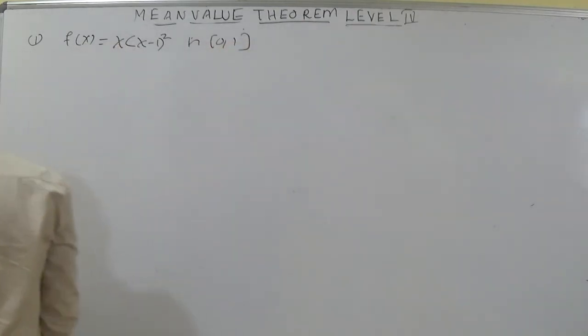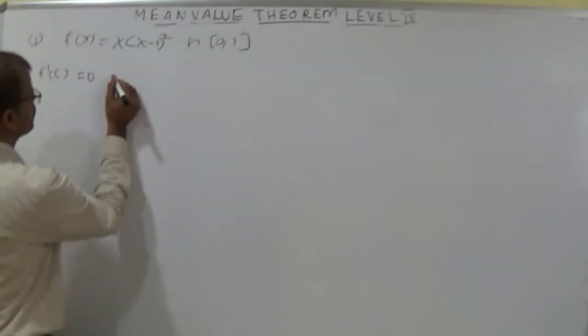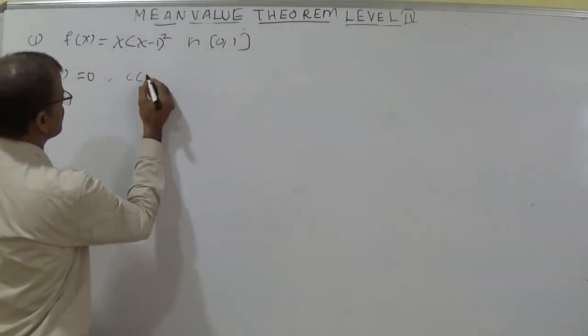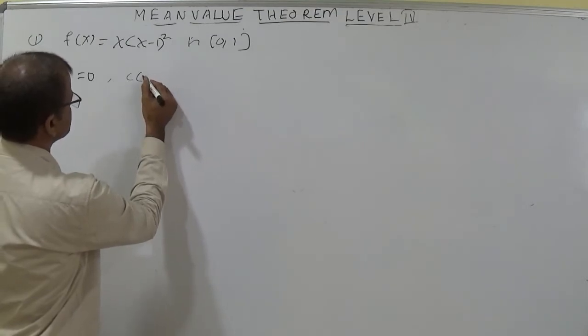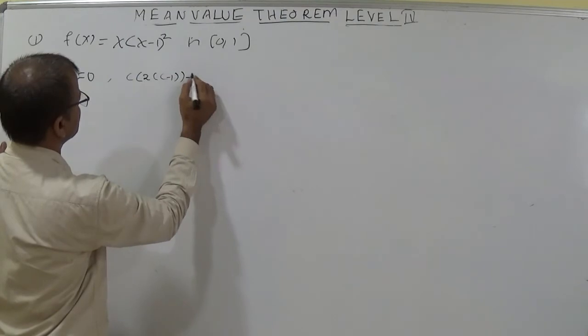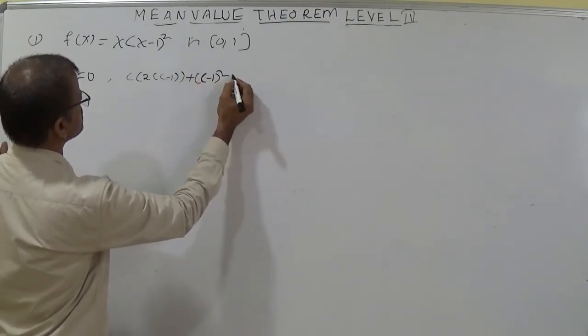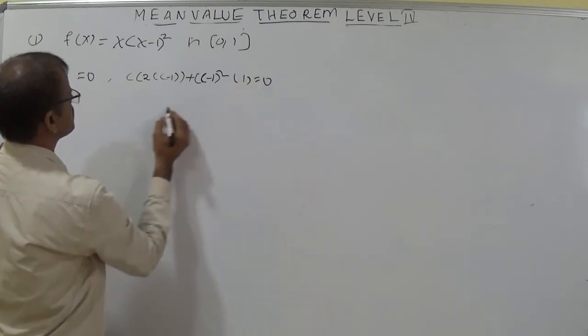So what is the value? According to Rolle's theorem, we write the formula f dash c is equal to 0. Then using uv dash plus vu dash, c into 2 into c minus 1 plus c minus 1 whole square into 1 equal to 0.